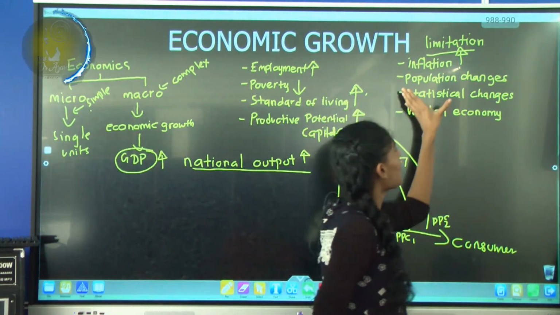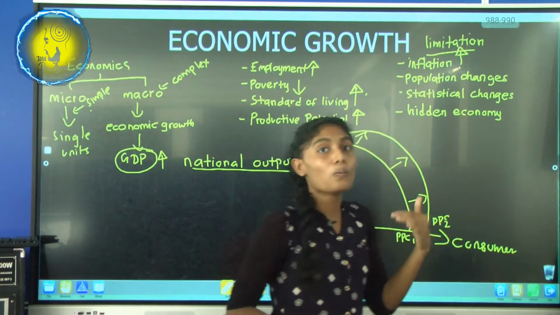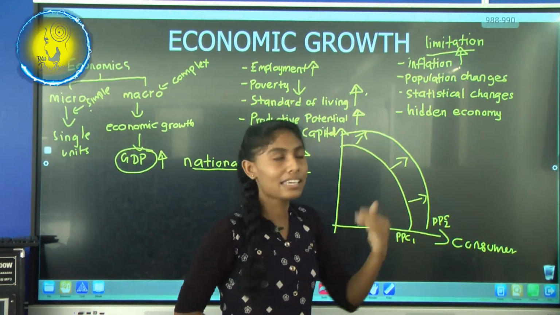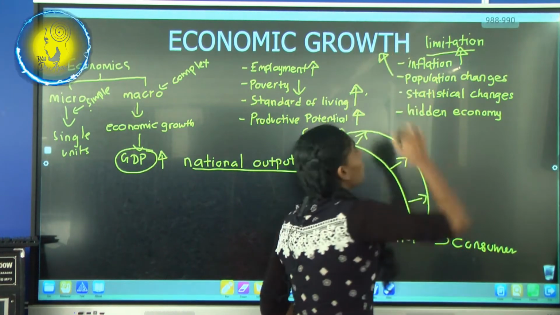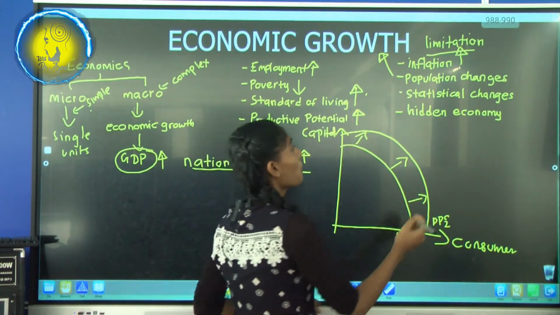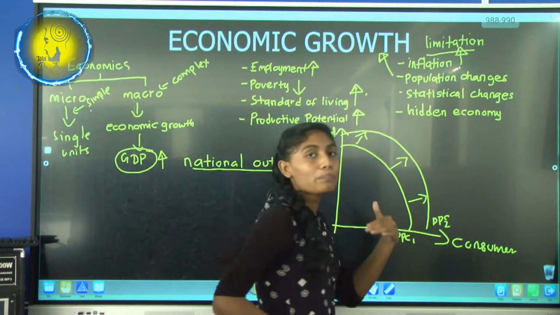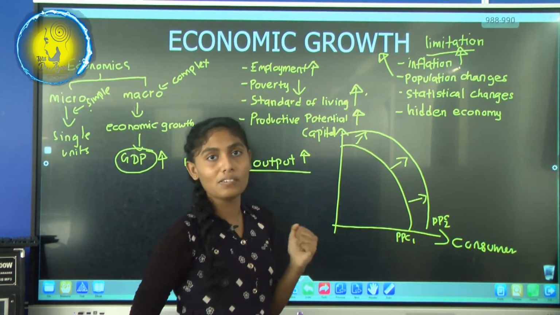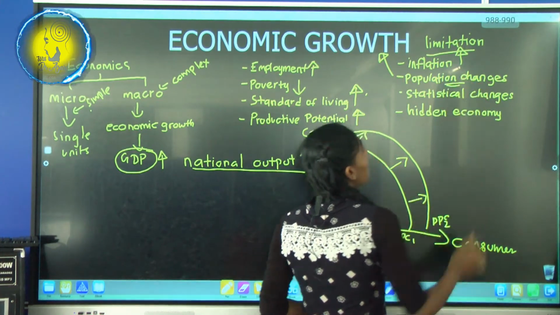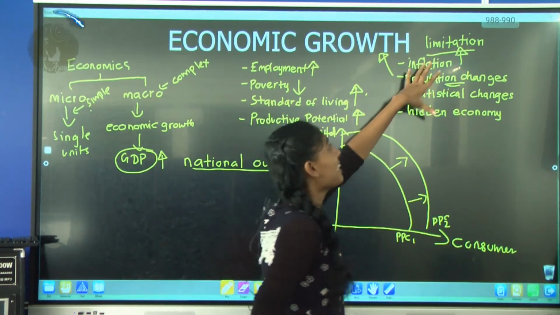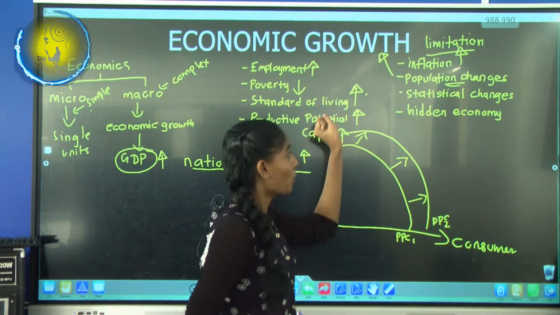Next disadvantage is population changes. When the population is increasing or decreasing, it will be affecting the economic growth. Why? If the population is increasing, people will demand more goods and services. So population changes will also be an implication to economic growth.